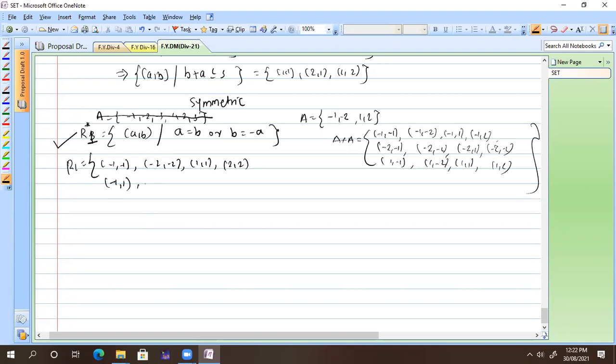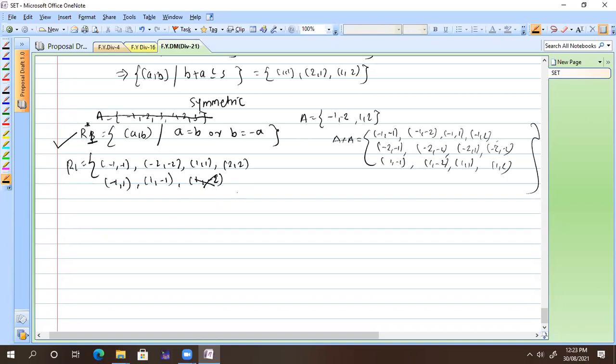Whether it contains 1 comma minus 1. Yes, sir. Whether it contains 1 comma minus 2. No, sir. Why? Because 1 and minus 2 are not equal. Exactly, so this element is not in R1.